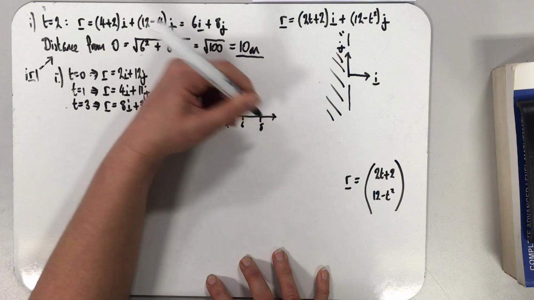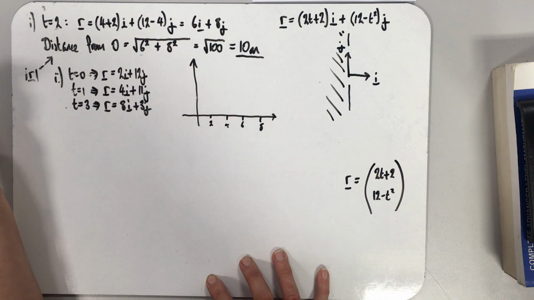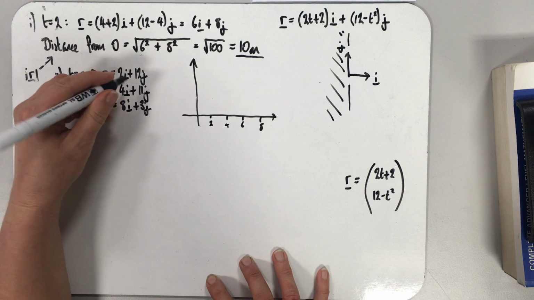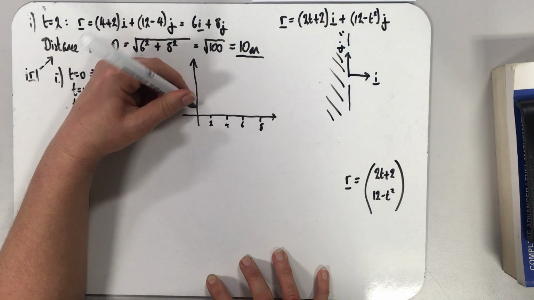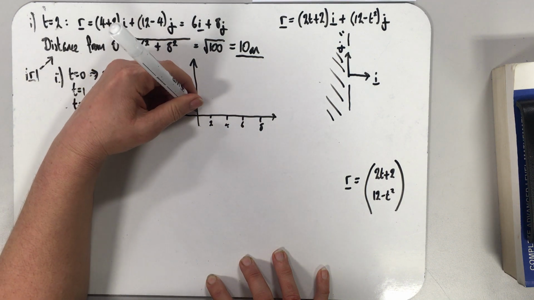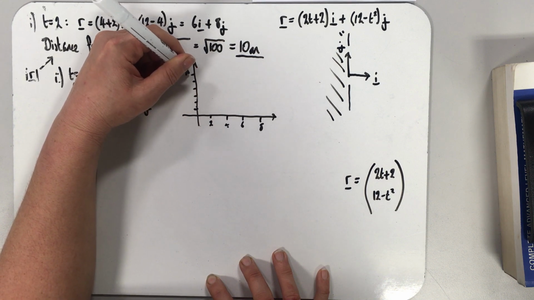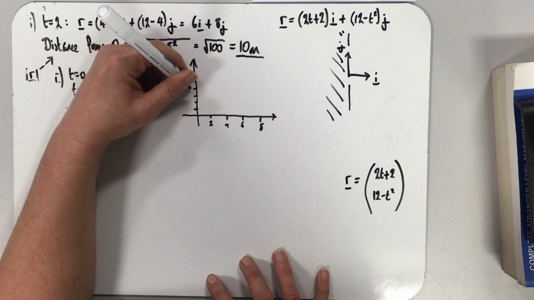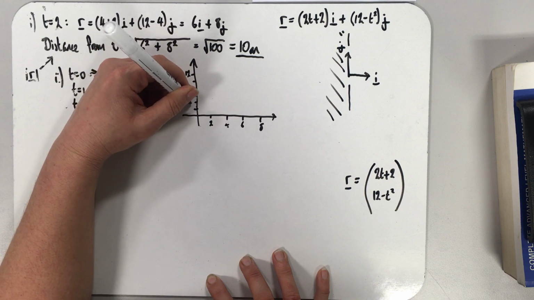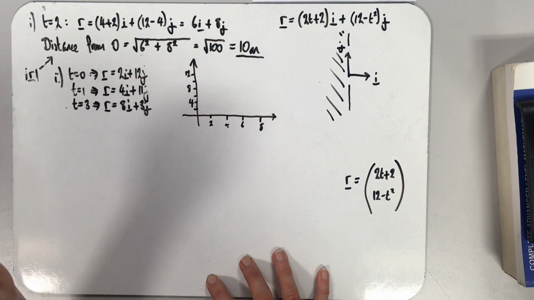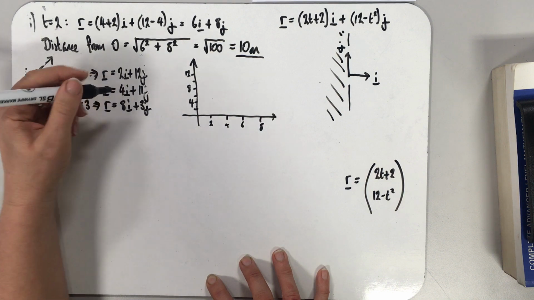That's our horizontal component. The vertical component is starting at 3, going up to 12: 2, 4, 6, 8, 10, 12. Like so. And then if I plot each of those points, when t is 0, we're at (2, 12).